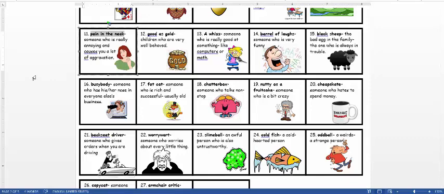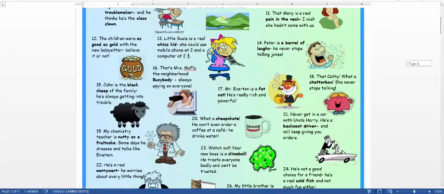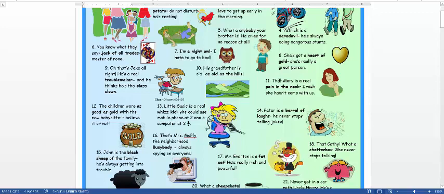So the person who keeps on causing you problems and who keeps on creating trouble, that person is a pain in the neck, right? So here the picture and that sentence that we discussed earlier. Now see, Mary is a real pain in the neck.